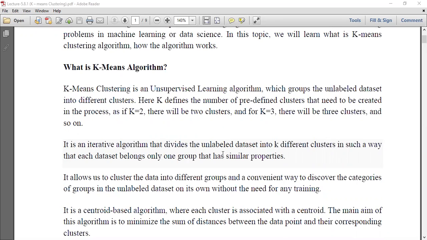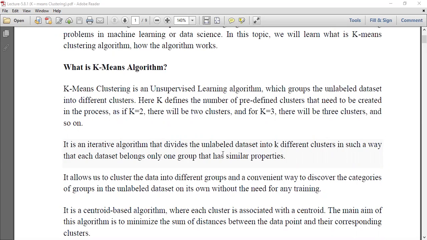It is an iterative algorithm that divides the unlabeled data sets into K different clusters in such a way that each data set belongs to only one group that has similar properties.